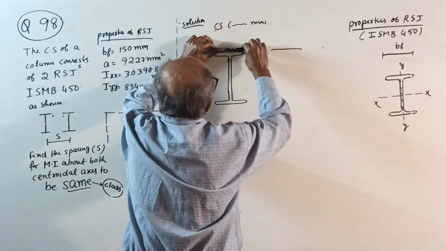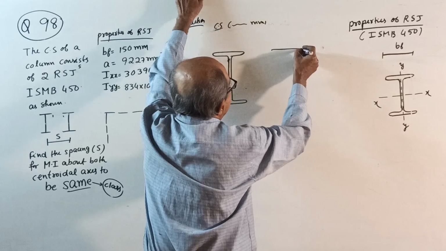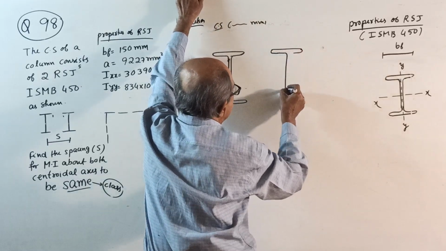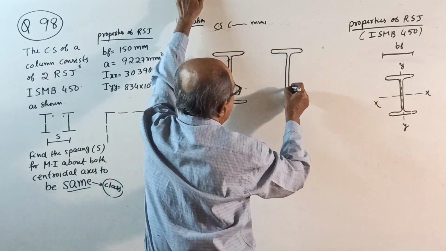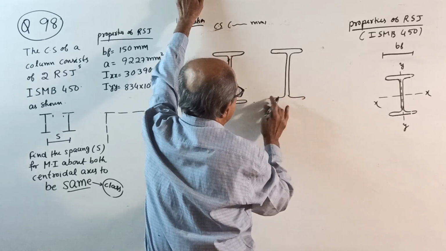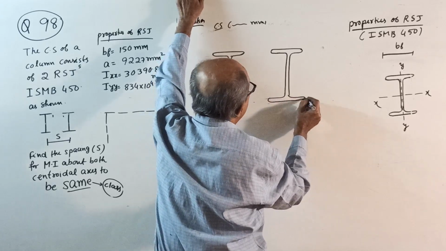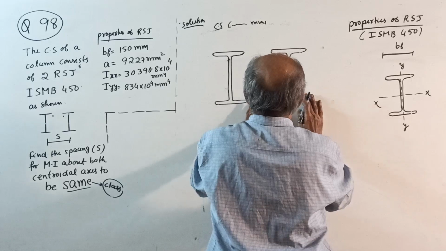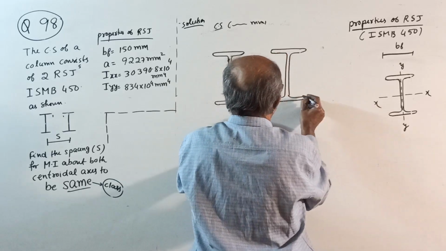Whatever the width, it is identical. It should be identical, otherwise there is no meaning for this question. That's why I always write the sketch before recording. Roughly okay, no problem, don't worry.